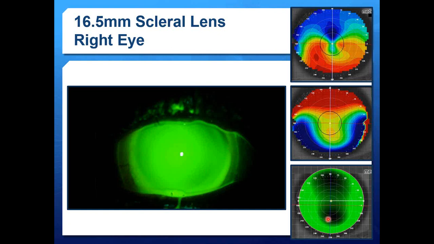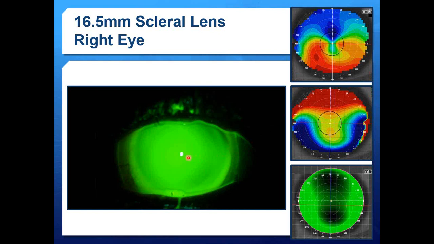Now, how is a corneal GP going to adequately fit this cornea when we've got landing at 12 o'clock, landing at 6 o'clock, and all this elevation arcuately around 9 o'clock, inferior to 6, and around to 3 o'clock? And that's why we chose to fit this patient with a scleral lens and just vault over top of all this corneal asymmetry.